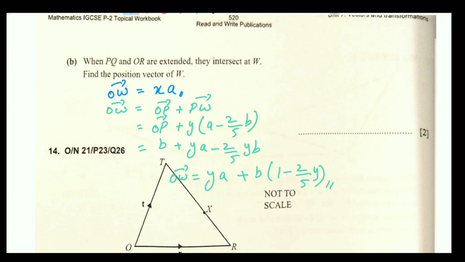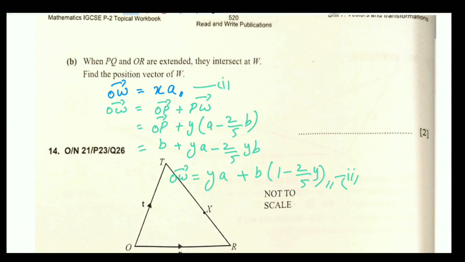If we compare equation number 1 with this one, both are the values of OW. This is a little bit of a different type of question, but many questions can be solved with this method.